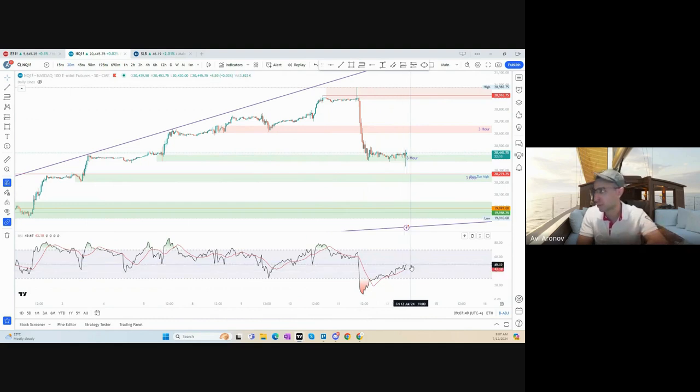So now it's a crucial moment to figure out where it will go. If it goes to this 3-hour retest, it will most likely go to the area of the 30, and then we will start seeing selling as it crosses that VWAP. Then it will be much stronger for us.